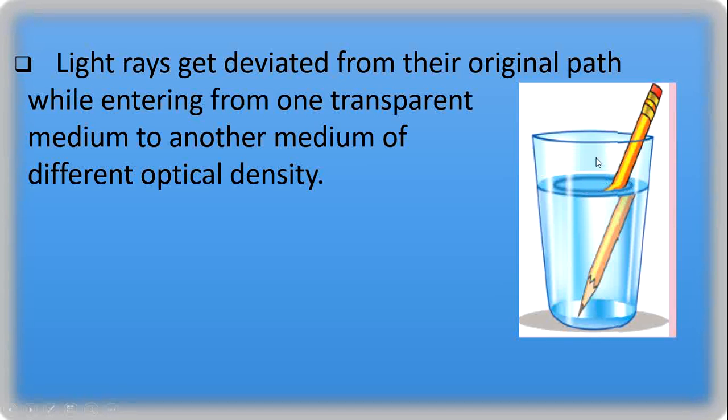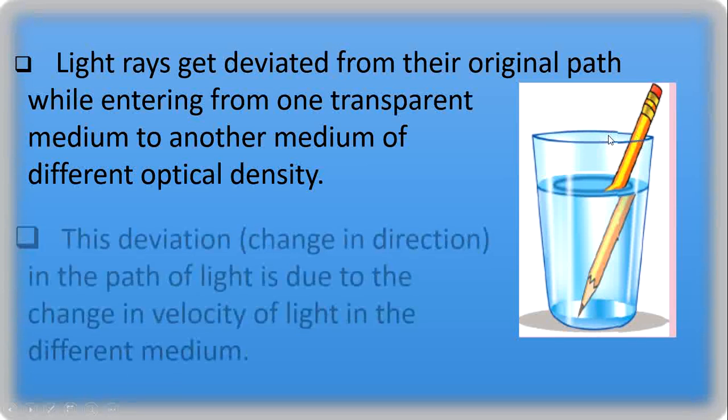So it gets deviated. Why does it get deviated? Because of the different optical density of the media. Air has a different density and water has a different density. So due to this different density, the light rays get deviated.